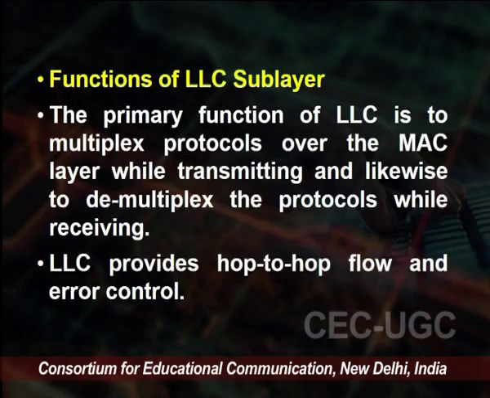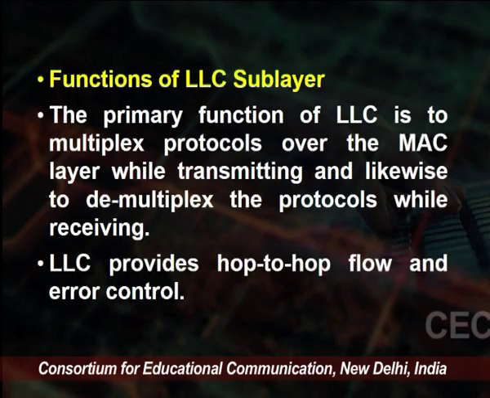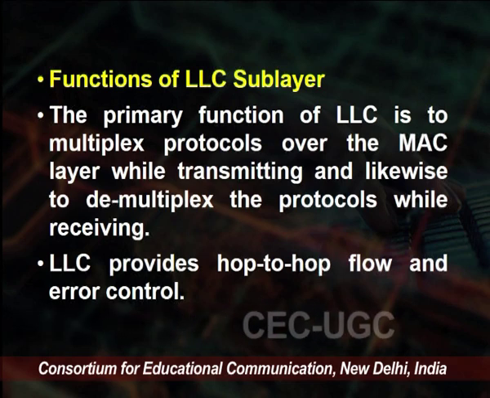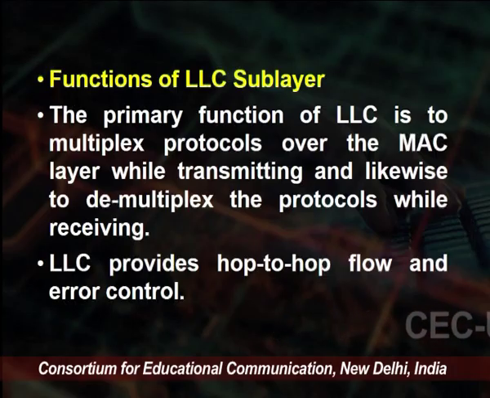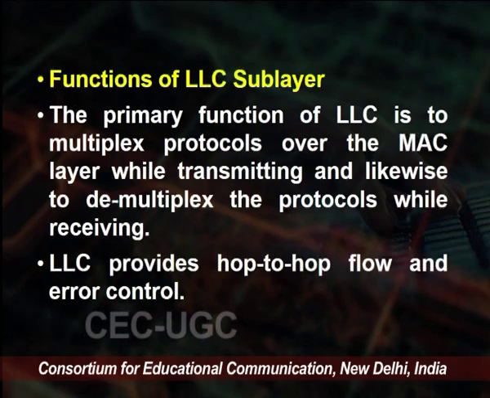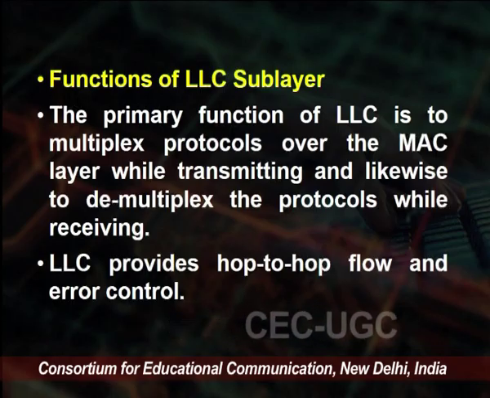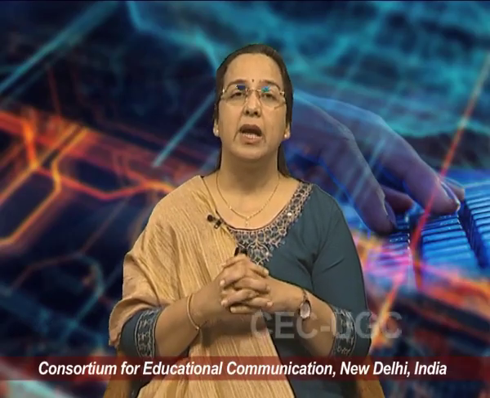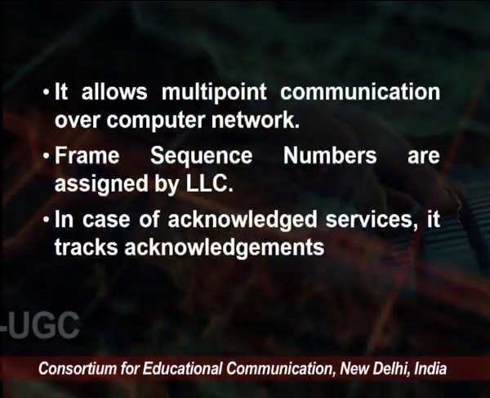At the sender's end, it multiplexes the protocols over the MAC layer, and at the receiver's end, while the data is being received, the function of LLC is also to demultiplex the protocols. So, we can say that LLC provides hop to hop flow and error control. Definitely, error control is also there, and it allows multi-point communication over the computer network.